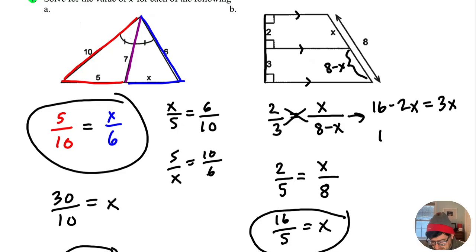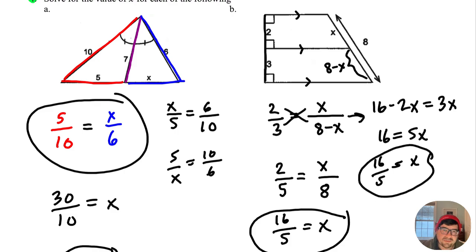And if we add 2x to both sides, we get 16 equals 5x. And then divide by 5, and notice we get the exact same thing. So we can actually partition those segments in different ways and get the same answer. That's the partition postulate. That's using parallel lines and partitions, and then the angle bisector theorem is before that.